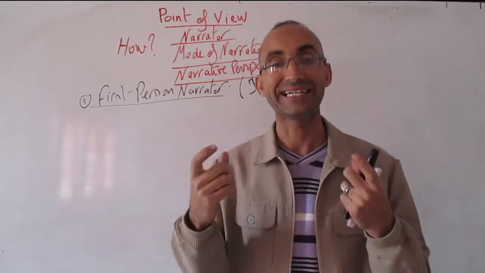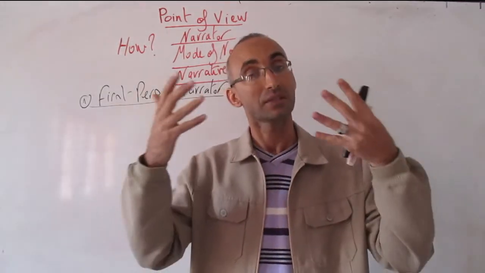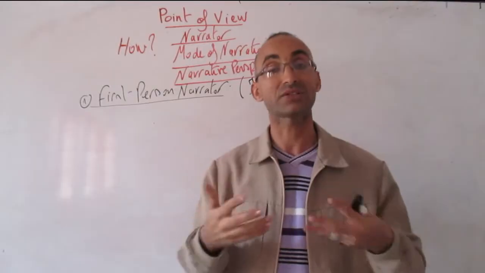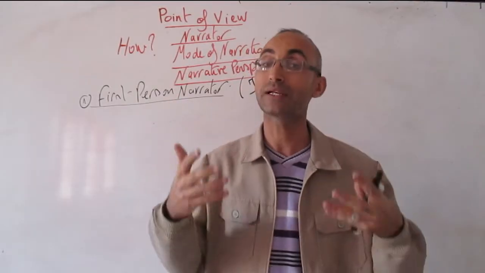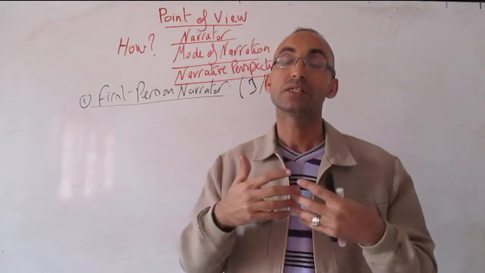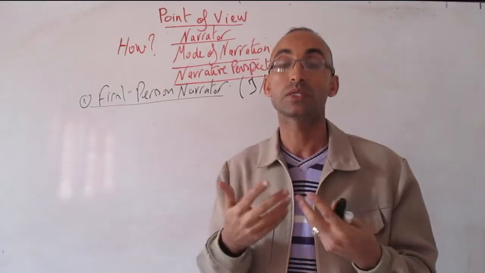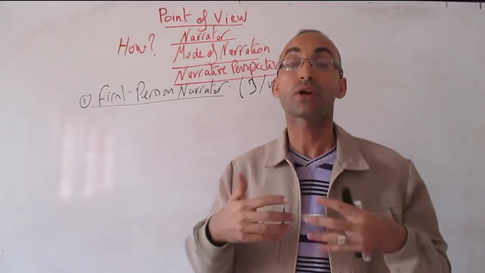Third person limited narrator. Here also we have another participating character in the story, who will introduce to us the different scenes and events of the story, and we are going to follow him.